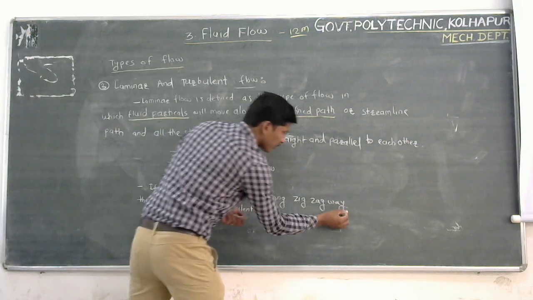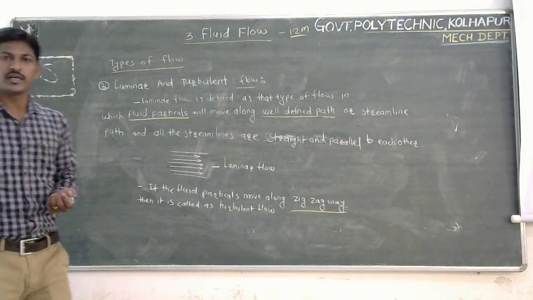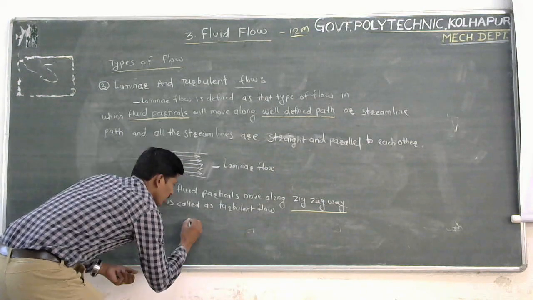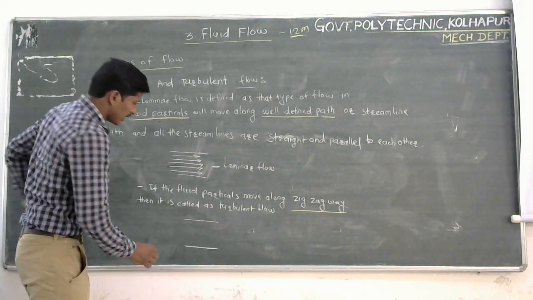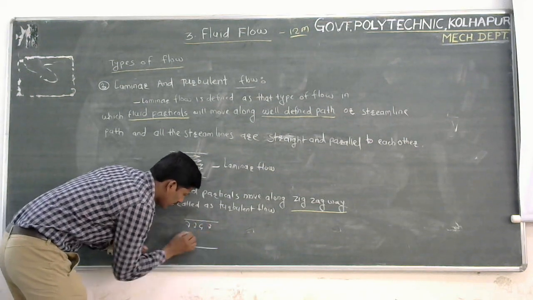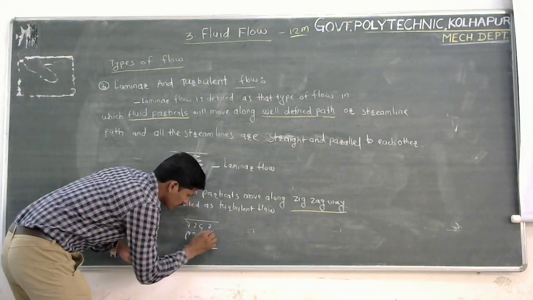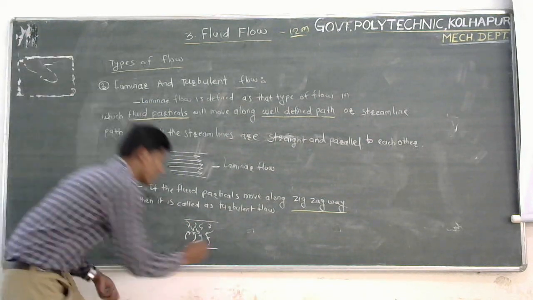So what is meant by turbulent flow? If the fluid particles are moving in a zigzag way, then it is called turbulent flow. For this, we can see, if this is the closed channel, the fluid particles get mixed with each other, then it is called turbulent flow.